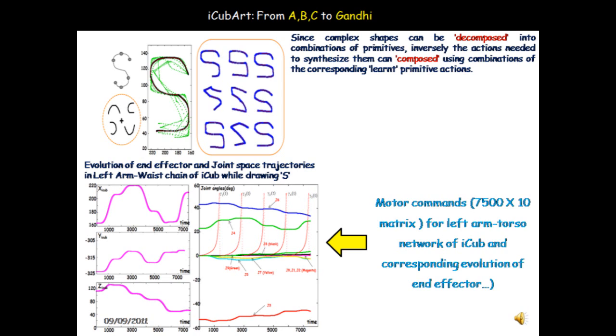What we should observe is that the final motor command is a matrix of 7500 iterations in time, which is the complete trajectory representing S, multiplied by 10 degrees of freedom in the left arm torso chain. So you finally get the complete motor command set, which is a set of 75,000 numbers that has to be buffered to reproduce the movement.